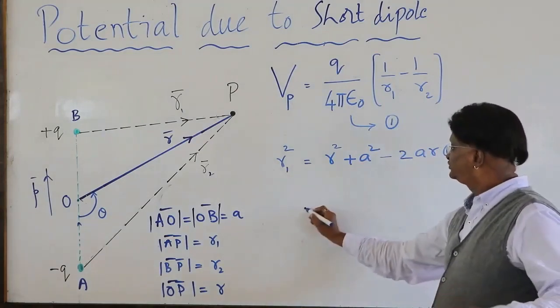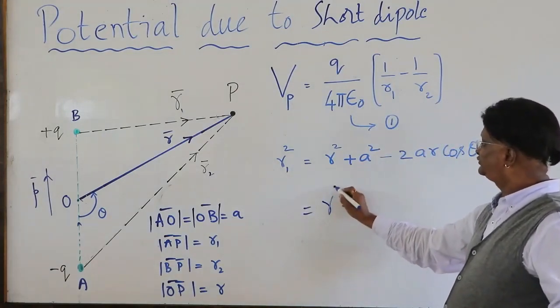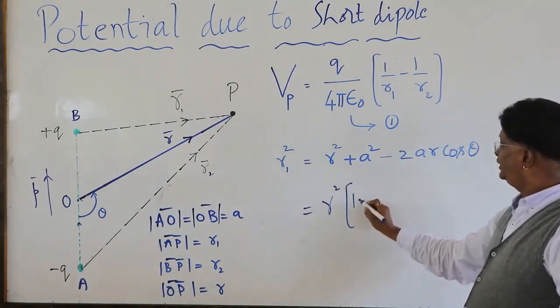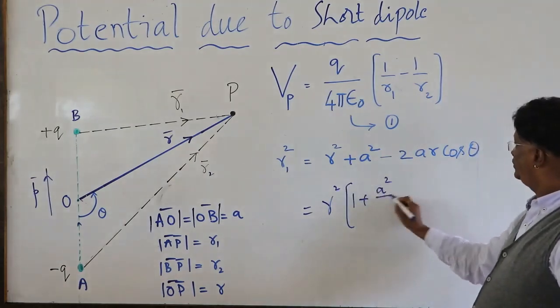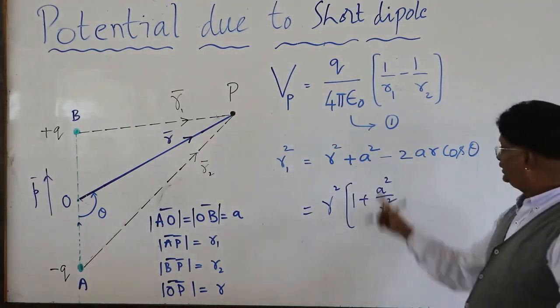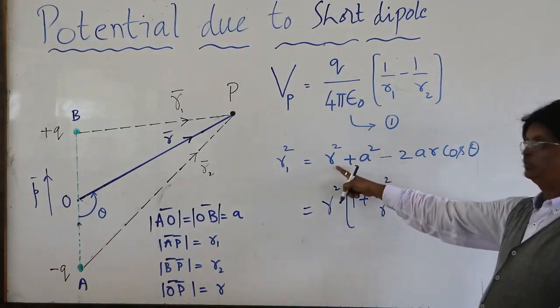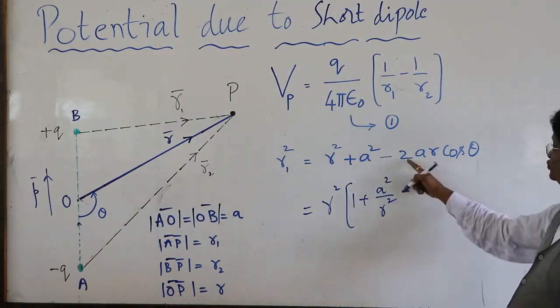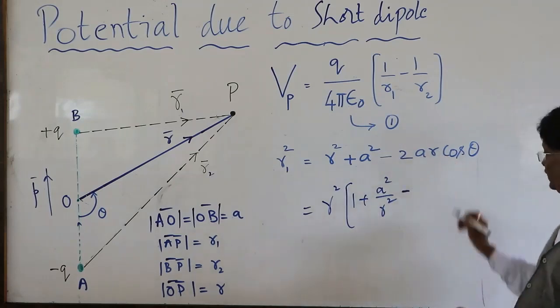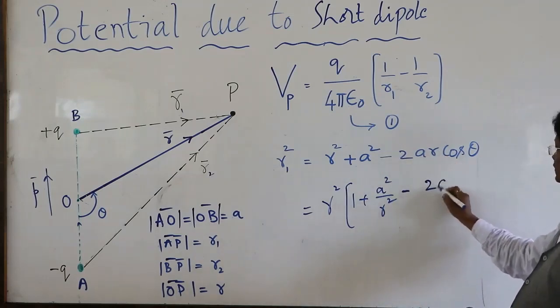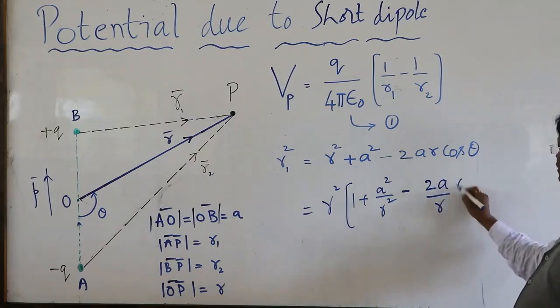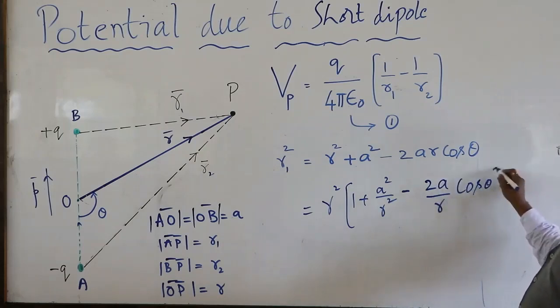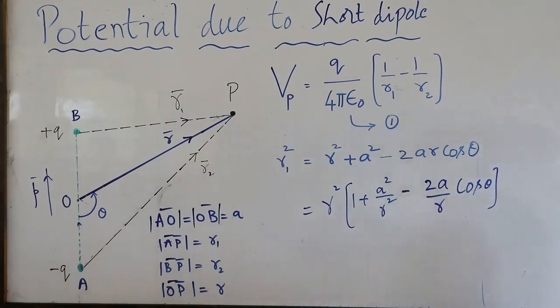Here in this expression we take R square common, then it is 1 plus A square upon R square. R square is taken as a common factor. Then minus 2AR upon R square, which you will get as 2A upon R times cos theta. This is the result that you get.